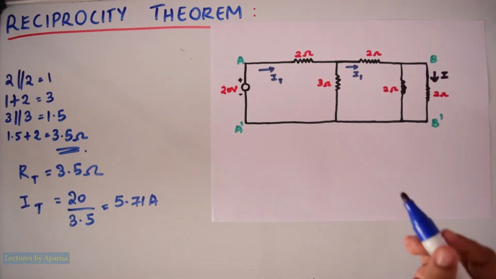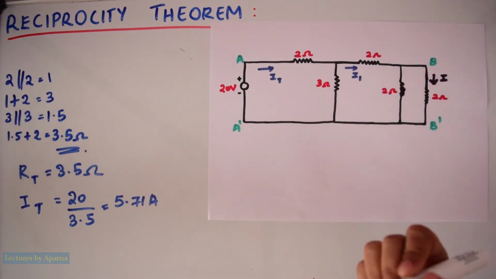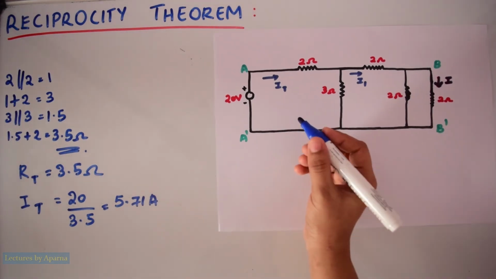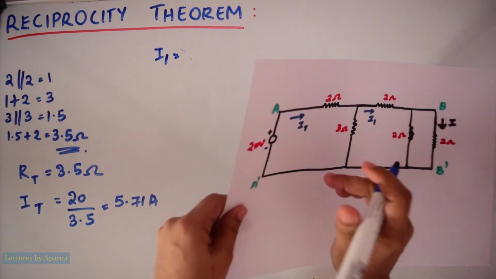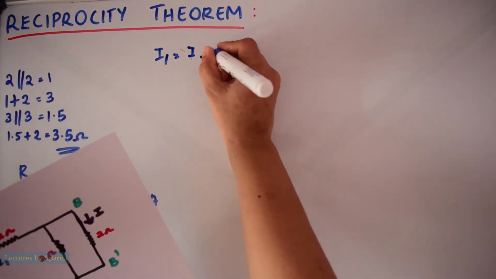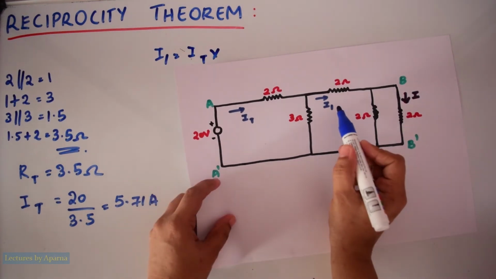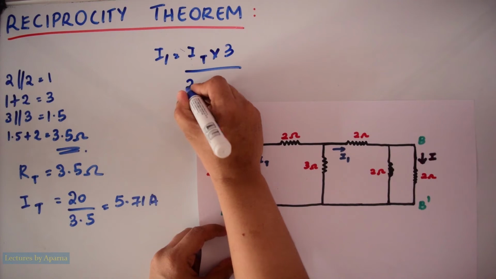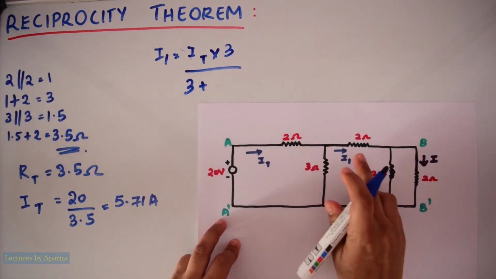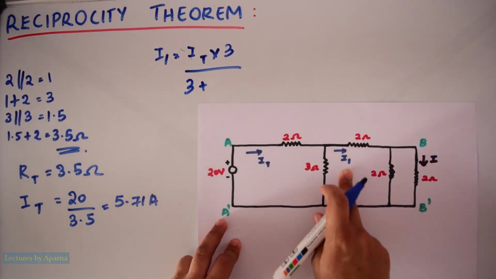Now we have to find this current I1 using current division rule. So I1 will be equal to this total current IT into the resistance in the other branch, that is 3 ohm, divided by 3 plus the resistance of this branch.